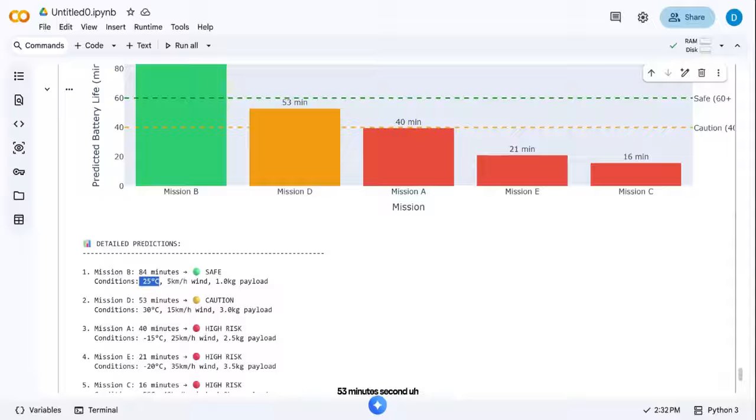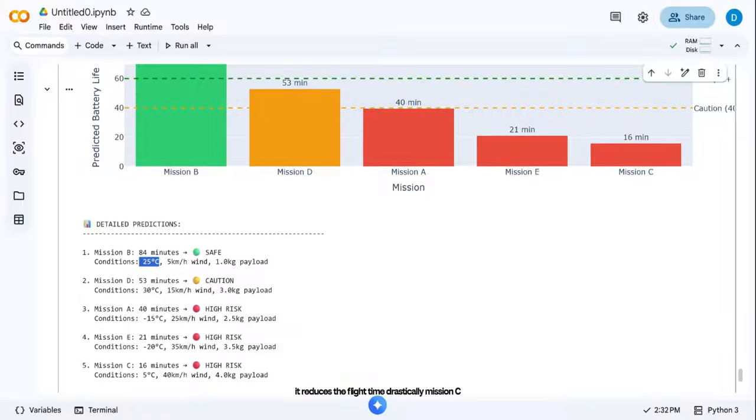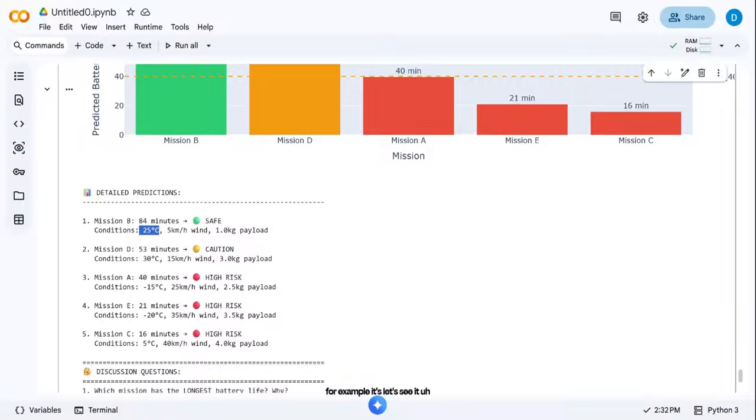Mission D, 53 minutes, second longest flight, has a 3 kilogram payload, and it reduces the flight time drastically. Mission C, for example: the temperature is 5 degrees and the wind is 40 kilometers per hour. That's a very windy day, and the payload is 4 kilograms.